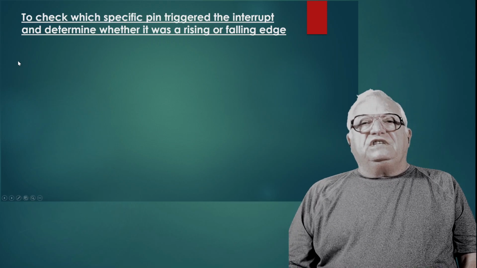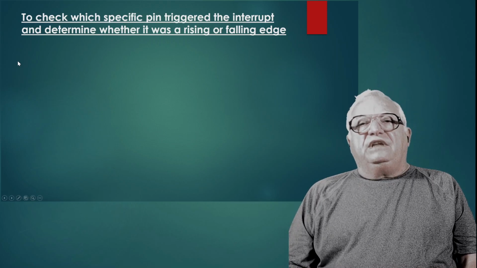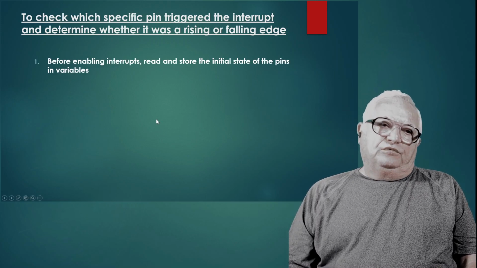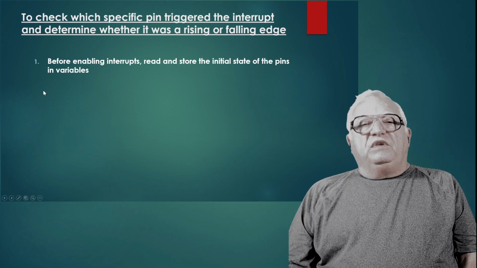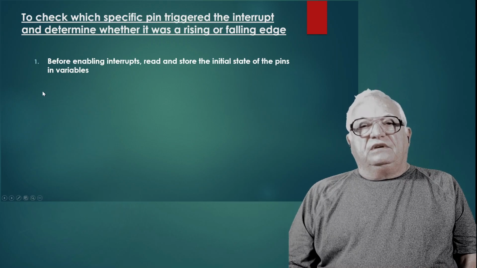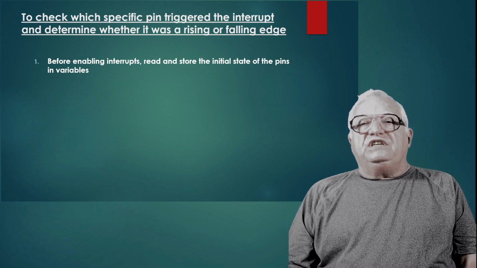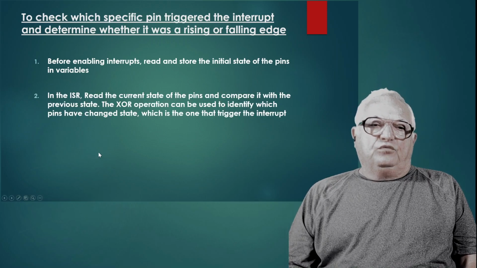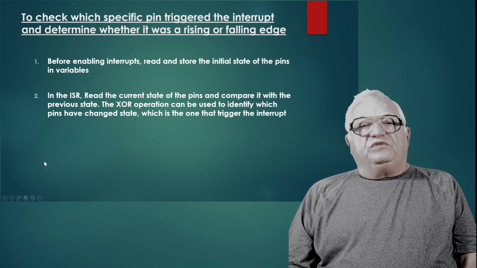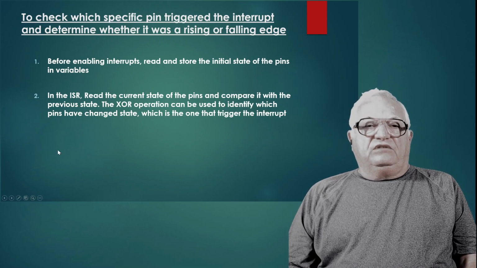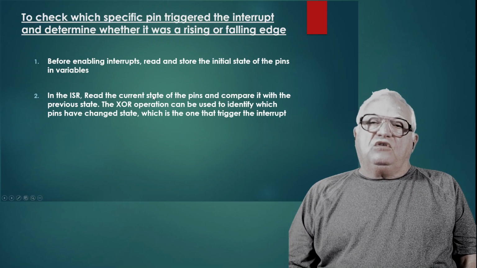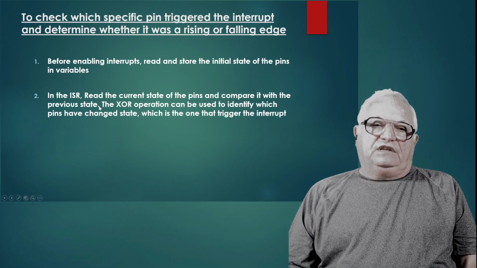To check which specific pin triggered the interrupt and determine whether it was a rising or falling edge, we have to: 1. Before enabling interrupts, read and store the initial state of the pins in a variable. 2. Once the interrupt triggers and you are inside the ISR routine, read the current state of the pins and compare it with the previous state.